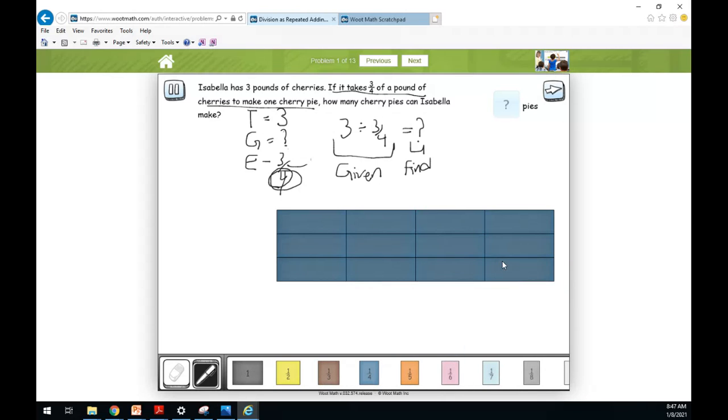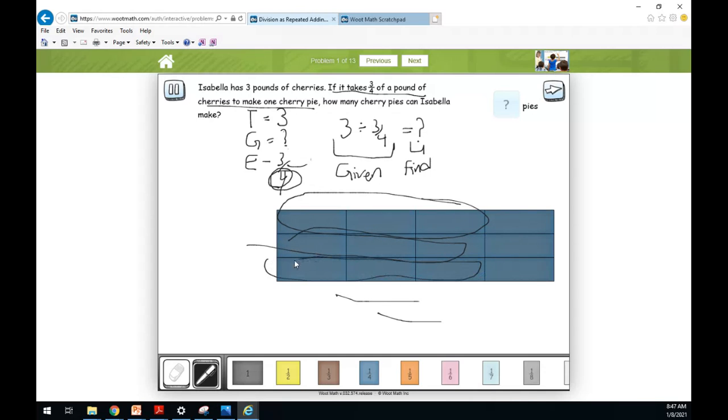Okay, now I'm going to count the number of groups where the size is 3/4. 1. Let's see, here's another 3/4.